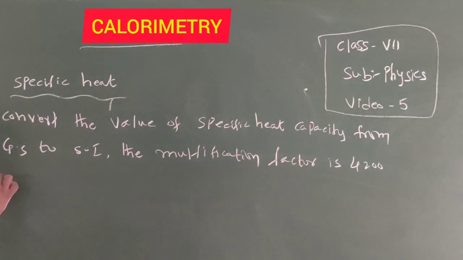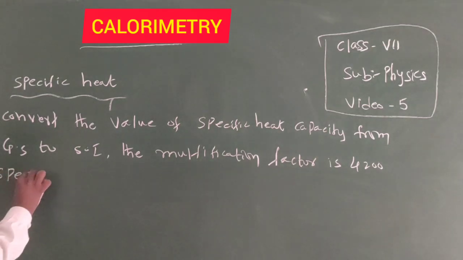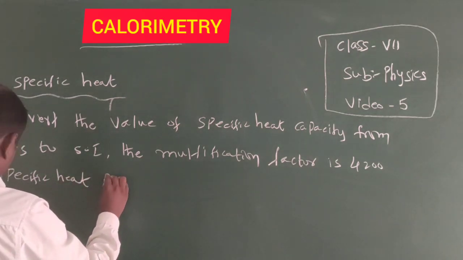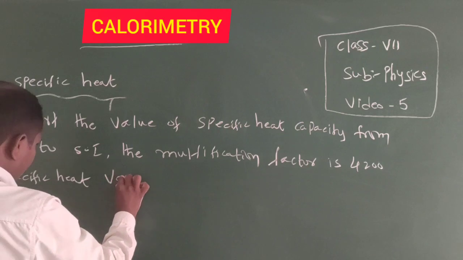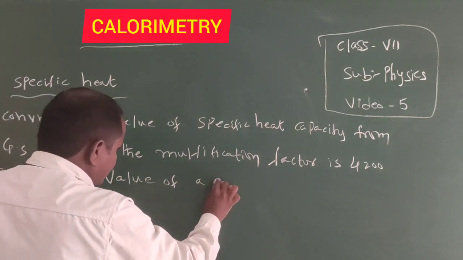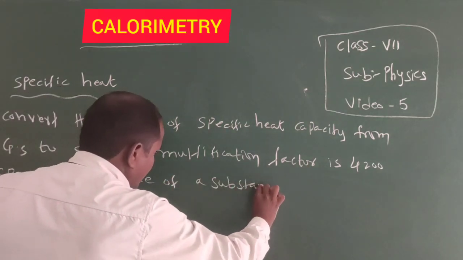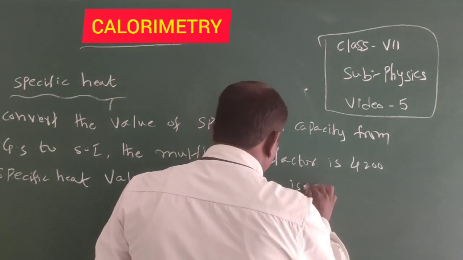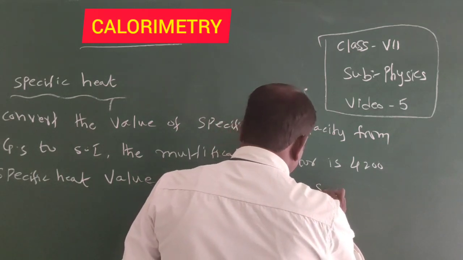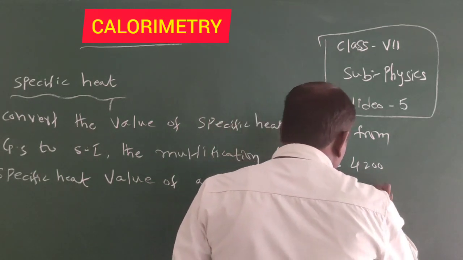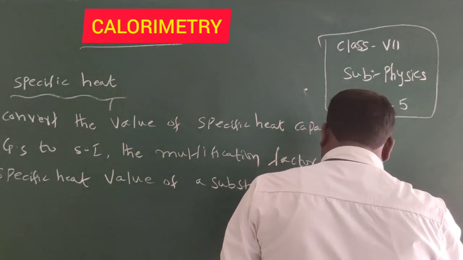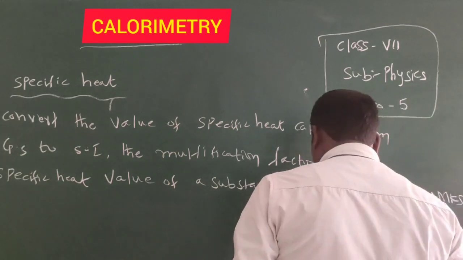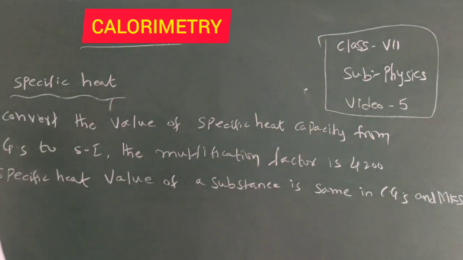Next one, the specific heat capacity value of a substance is the same in CGS and the MKS system.